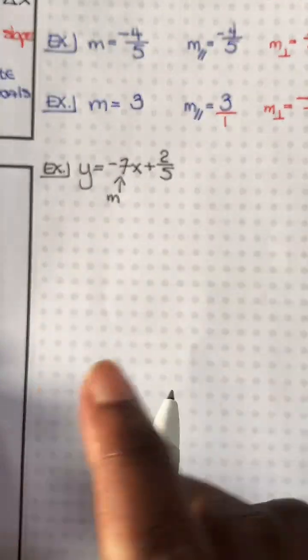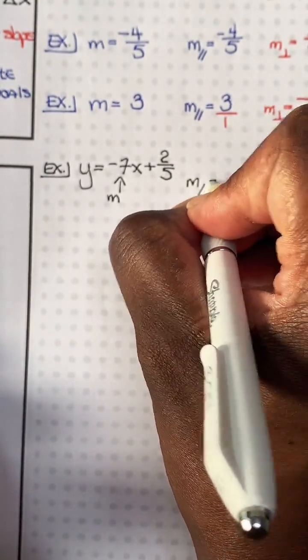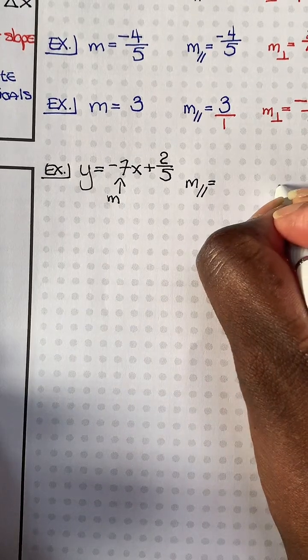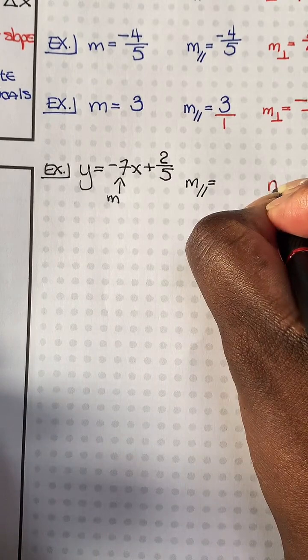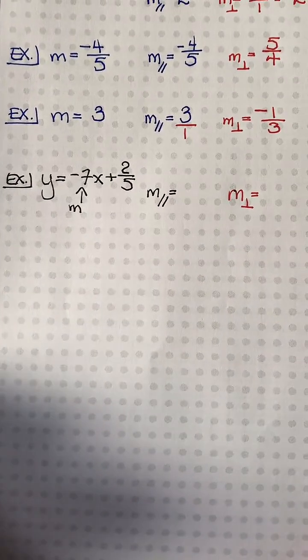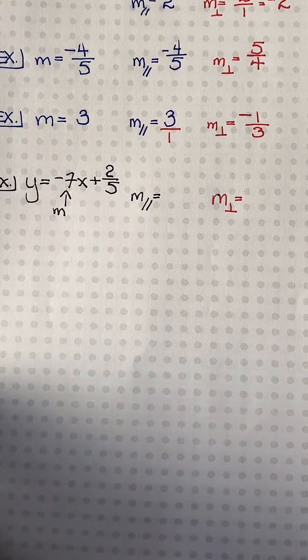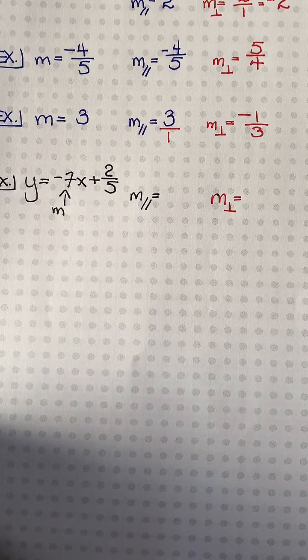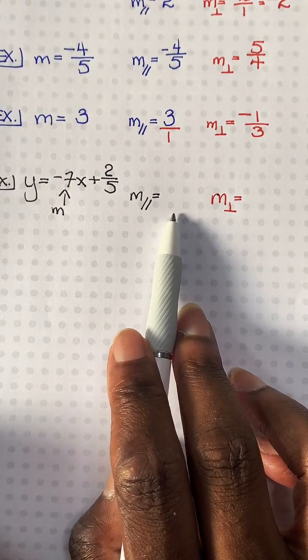So if I want the slope that is parallel to that, and if I want the slope that is perpendicular to that, what would I write down? What would be the slope that's parallel to the slope of our equation?